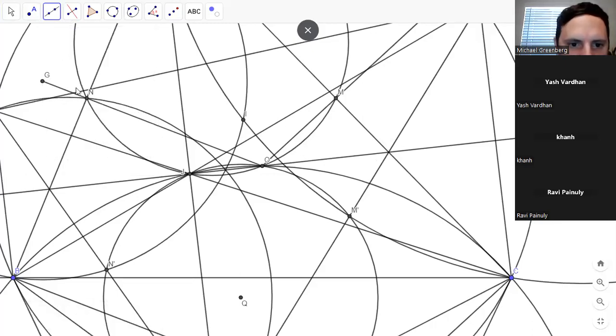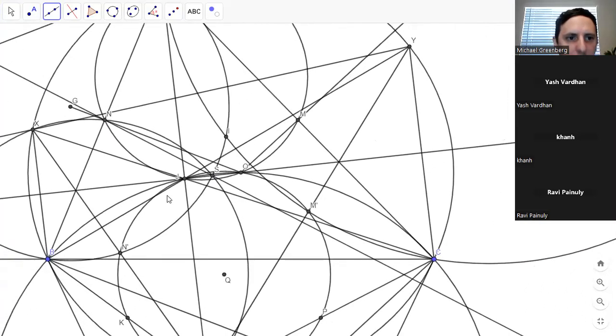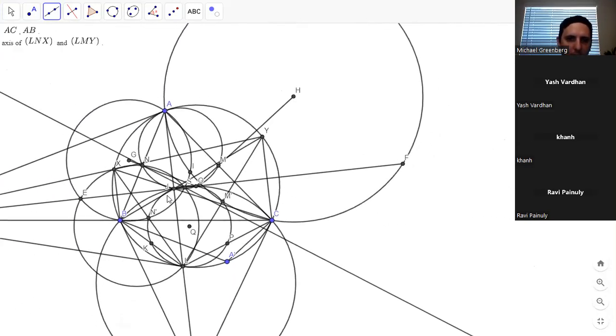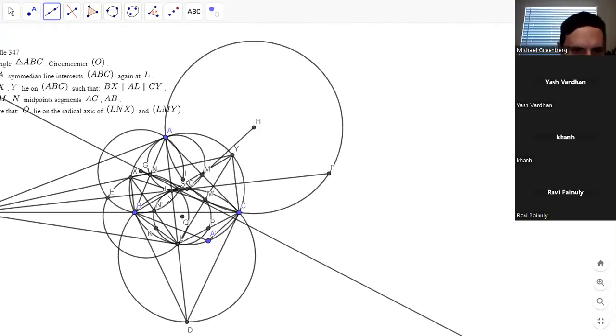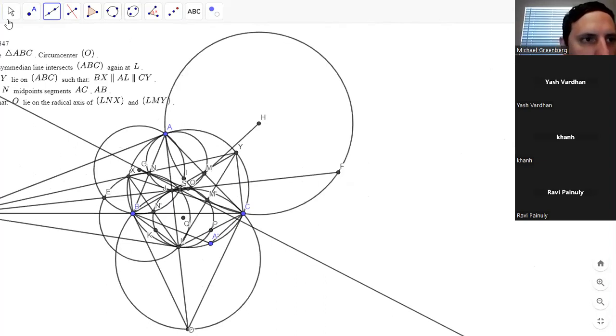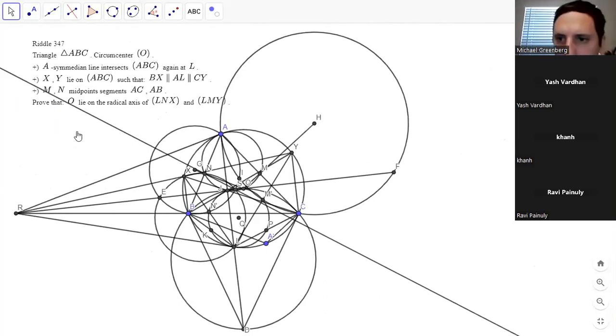Okay, so if I draw that, that's the radical axis. Do you have an idea what I should do next? So NS, that's the radical axis of those two circles you just mentioned.